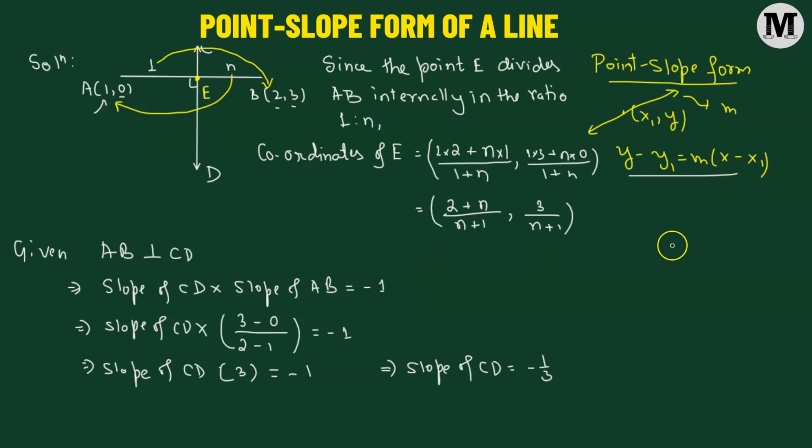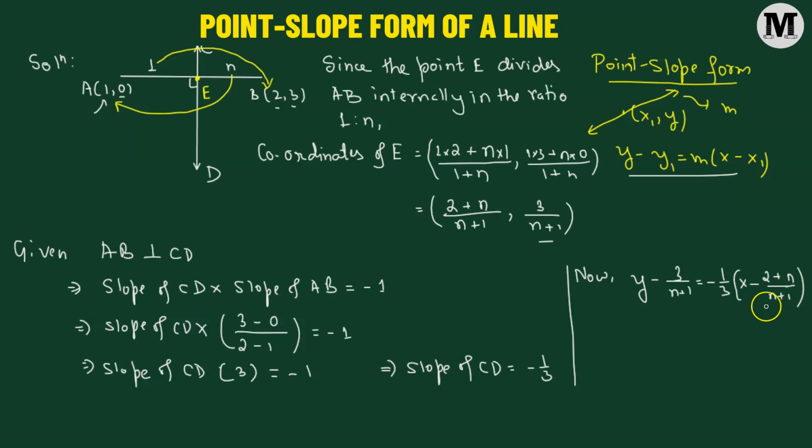So let's use the point slope form to obtain the equation of the line. So now we have y minus y1. So y1 will be nothing but the y coordinate of point E, that's 3 over (n plus 1). This will be equal to the slope, which is -1/3, multiplied by x minus x1. So here x1 will be nothing but (2 plus n) divided by (n plus 1).